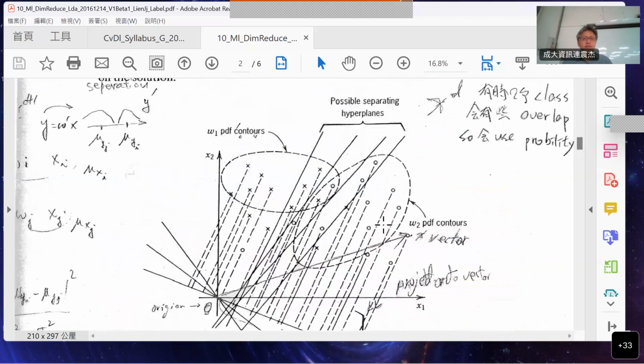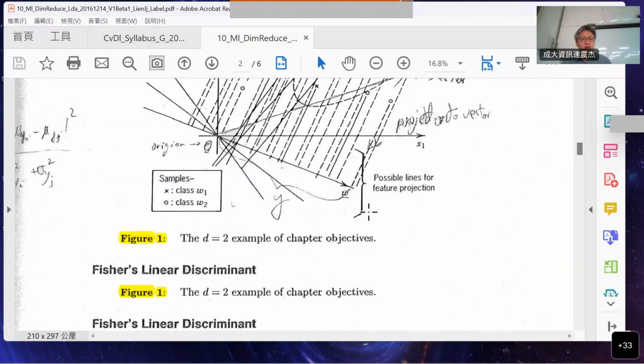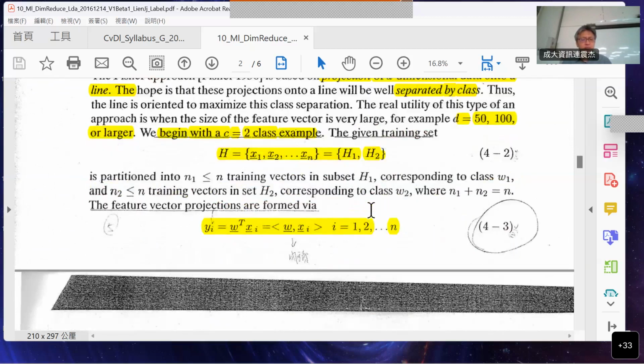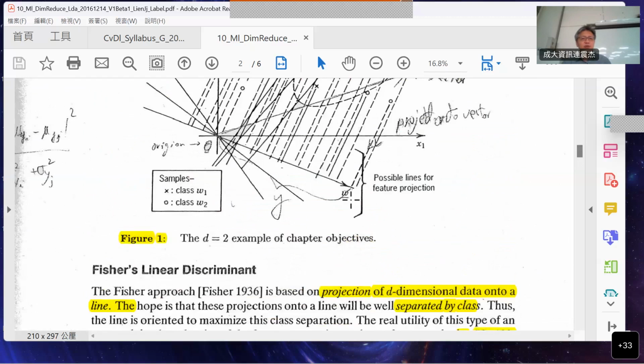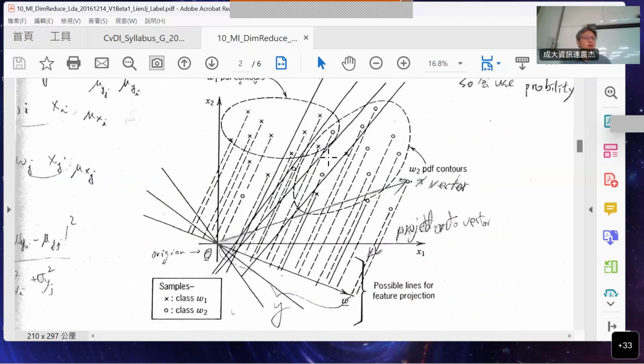So we have several samples, cross mark and circle. We continue. So in the x is a 2D. Any points is x. Okay.